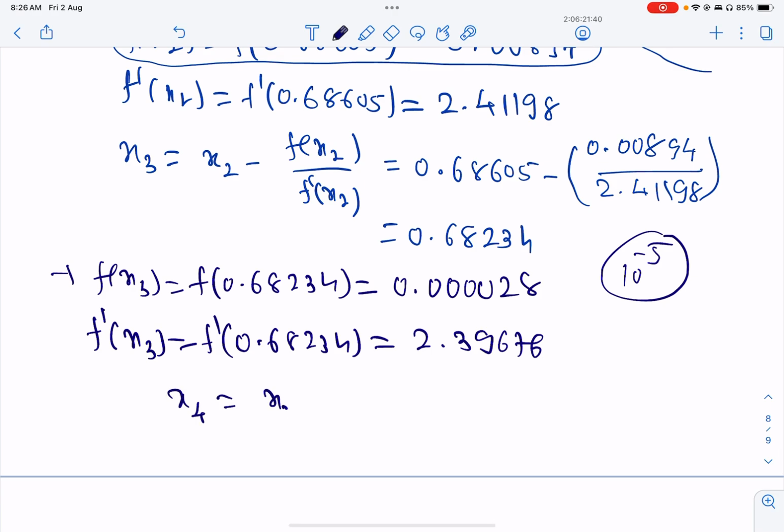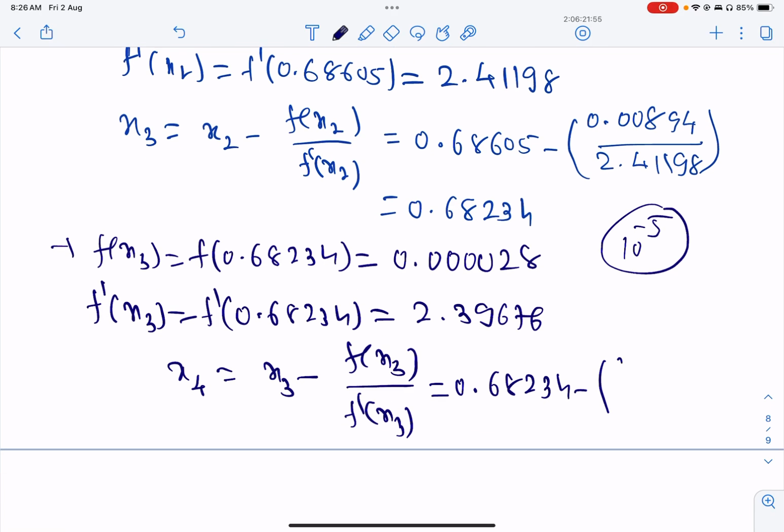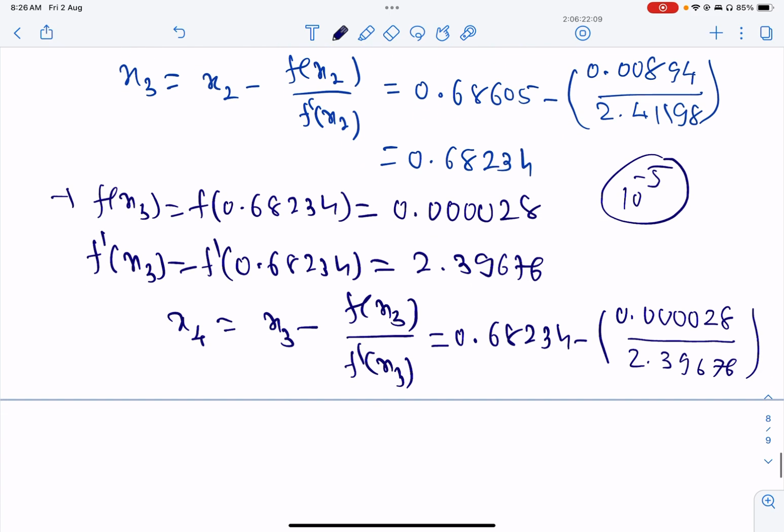And x4 equal to x3 minus f of x3 divided by f dash x3. So that is 0.68234 minus 0.0000028 divided by 2.39676, and use the calculator.